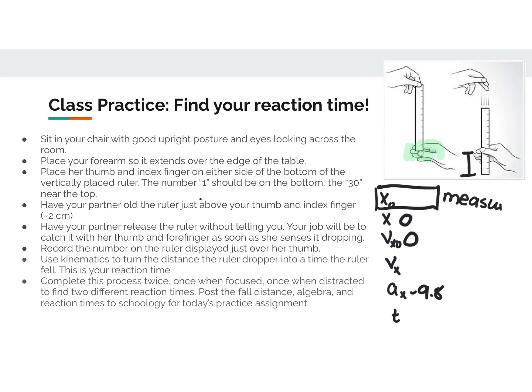But here's an important pitfall where you'll think you have a terrible reaction time: turn your centimeters into meters by dividing by 100. It should be pretty fast and pretty fun. You can see who has the fastest reaction time in the class. I suggest you try it focused and distracted so you can think about how that connects to distracted driving. When you get done, there is a new class kick assigned.